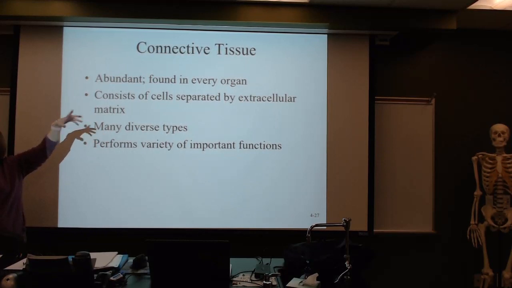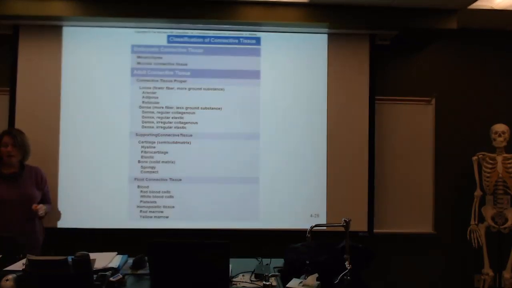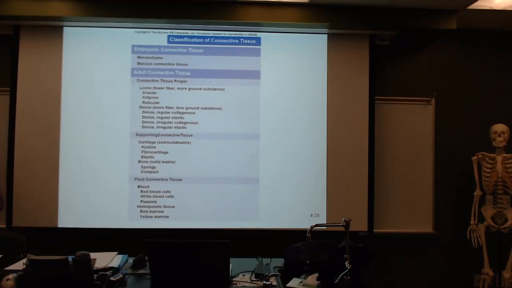That matrix, that jello-y type stuff, we're going to find that it can be loose like that, like a loose gel. It can be semi, like cartilage. It can be hard, like bone. So it's a really cool makeup of this tissue. And the functions, yes, quite a few functions.